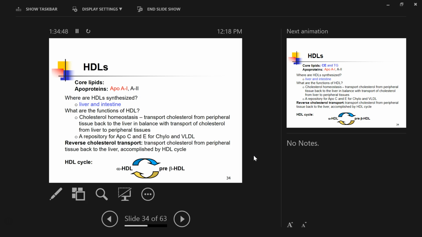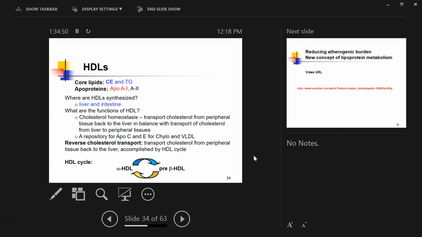The core lipids in the HDL are cholesterol esters and triglyceride, and the apoproteins on the HDL are ApoA1 and ApoA2. HDL is synthesized in the liver and also the intestine.